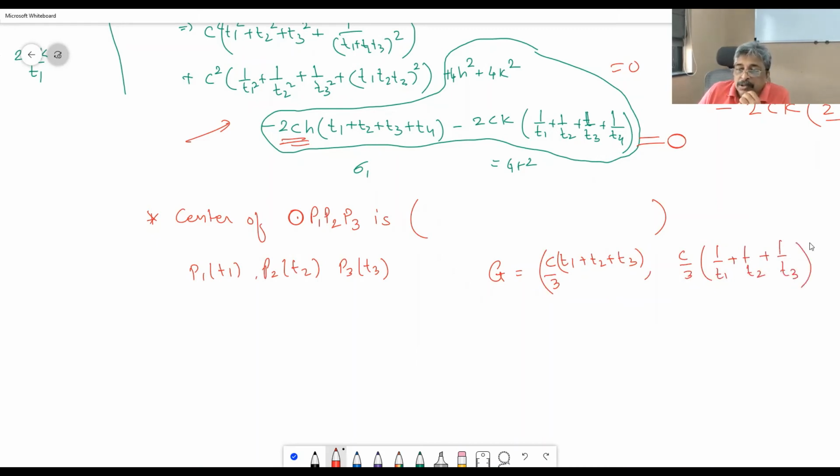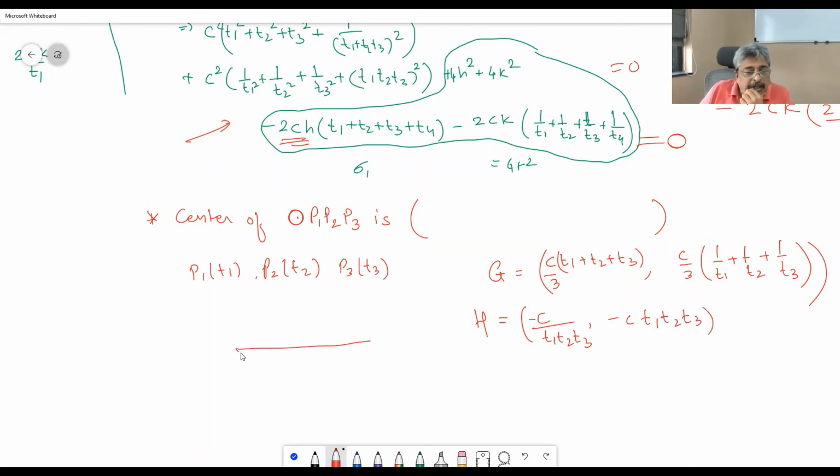This is your centroid. And orthocenter H, we said, the fourth point we can easily find out. T1, T2, T3, T4 is equal to minus 1. Therefore, coordinates of orthocenter will be c minus c upon T1 T2 T3, comma, minus c T1 T2 T3.